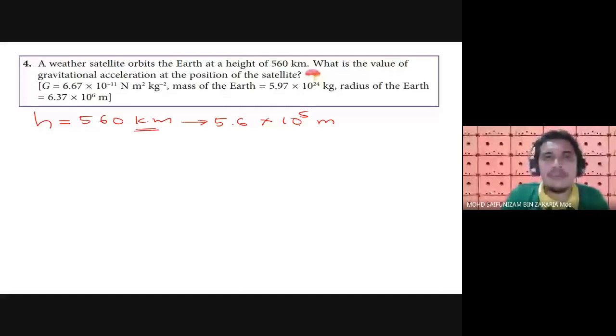What is the value of the gravitational acceleration of the satellite?